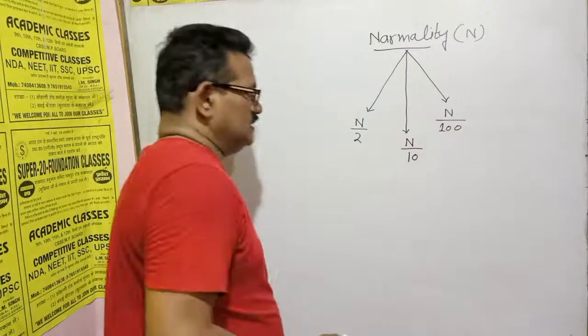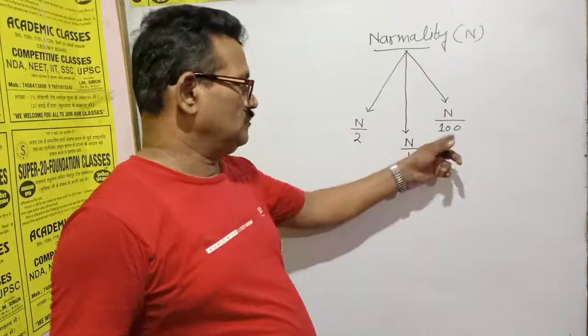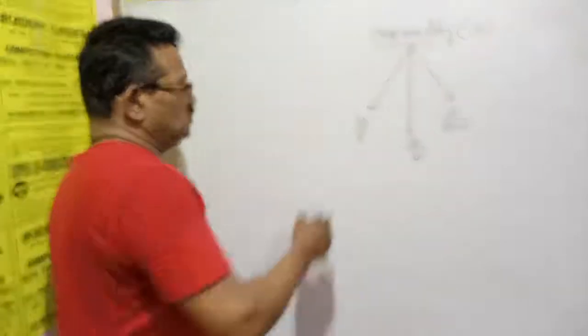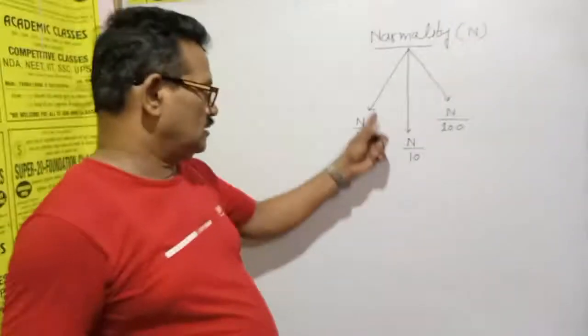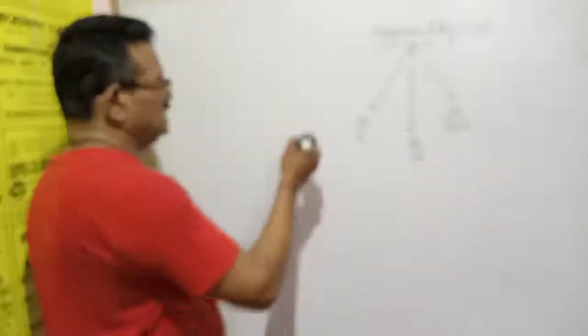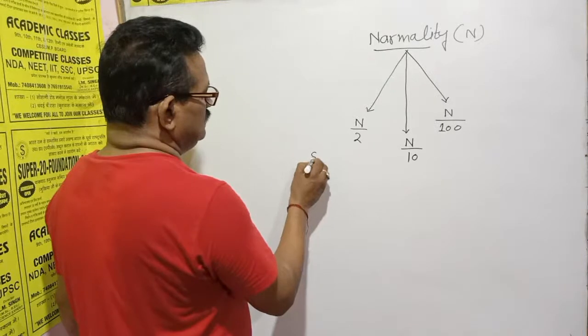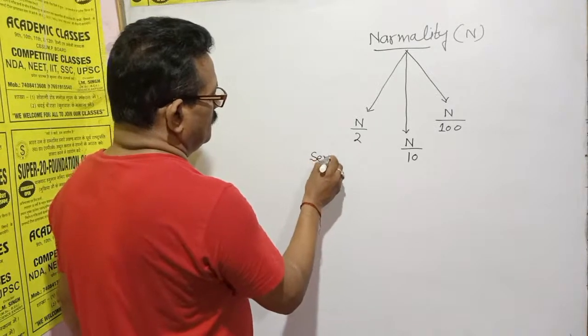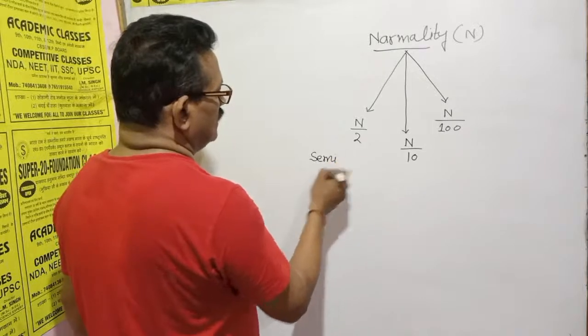There are three terms, N by 2, N by 10, N by 100. N by 2 means the name of this term N by 2 is semi-normal, not semimolar, not centimolar.